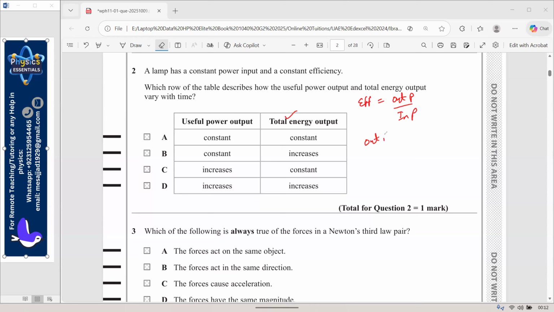So total output power is equal to efficiency times input power. All right. So they're telling you that you have the constant input power and the constant efficiency. Okay, so this is constant and this is constant. So it means that this whole thing is constant.